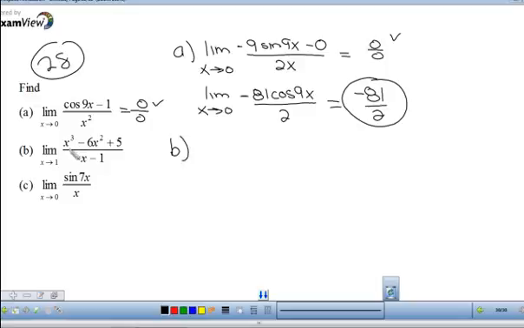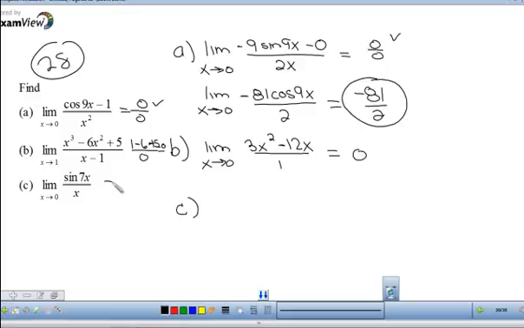Okay, if I substitute 1, I get 1 minus 6 plus 5 over 0, so that's going to give me 0 over 0. So I'm going to use L'Hopital's rule. I'm going to have 3x squared minus 12x all over 1, so that's going to be 0.